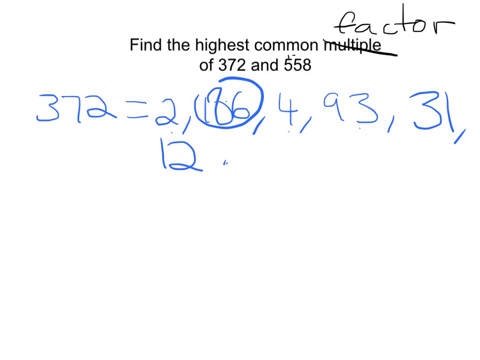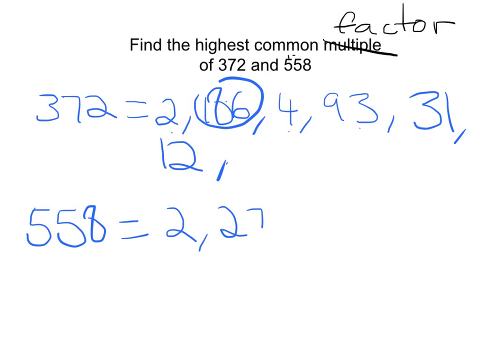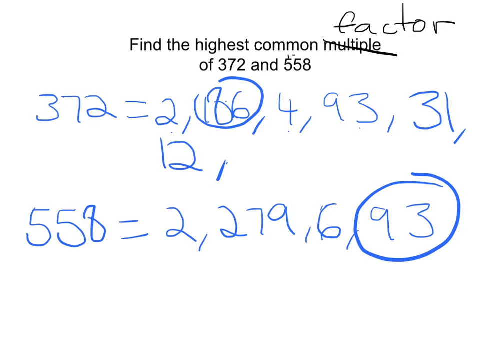So there's the numbers for that one. A good thing to do is start halving the number, then halving that number further. If we go for 558, you'll start to see something a bit different. We go 2 and then 279. Then 6 and 93, and you can already see what the answer is going to be. 93 is the highest common factor between the two.